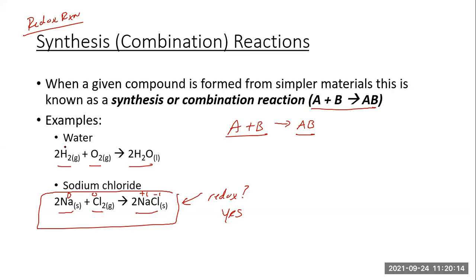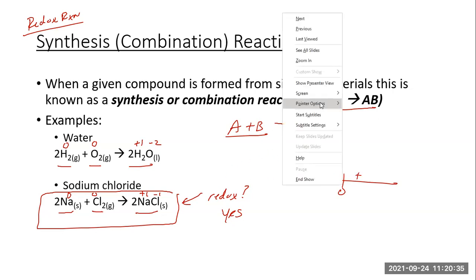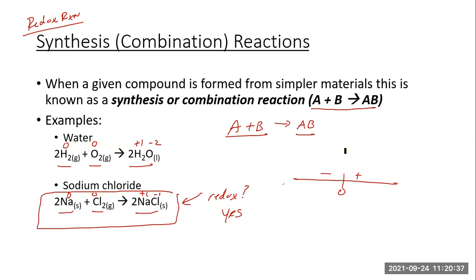Same thing here with the water. This is actually 0 for the hydrogen, 0 for the oxygen on the left. Hydrogen on the right is +1, and oxygen on the right is -2. Again, if we lay out our number line here to quickly verify that it is a redox reaction, looking at the hydrogen, it goes from 0 to +1, becoming more positive.